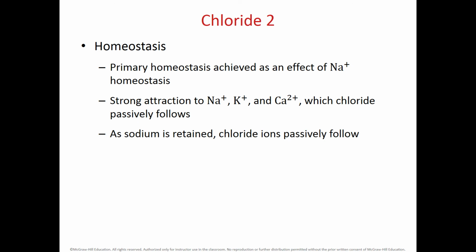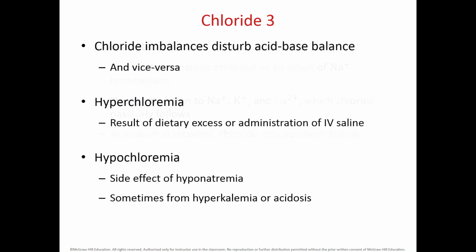So basically, these cations are attracted by this anion. Nothing out of the ordinary. I mean, a cation is positively charged and an anion is negatively charged, so it's more than likely that something positive gets attracted by something negative, if you think about it, even in real life. But anyway, as you expect, when sodium is retained, then chloride ions are also retained.